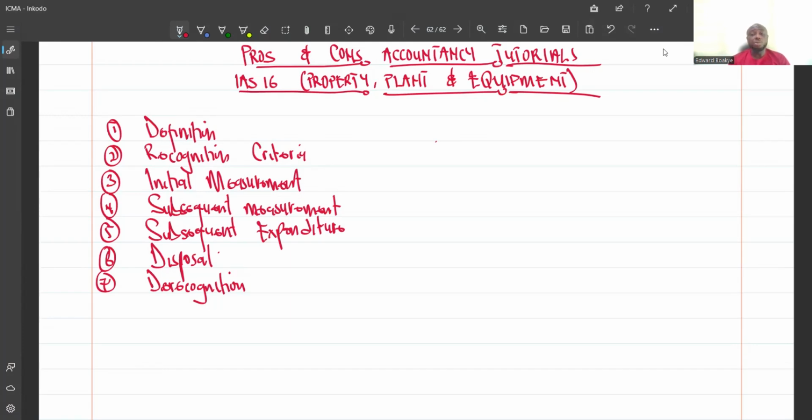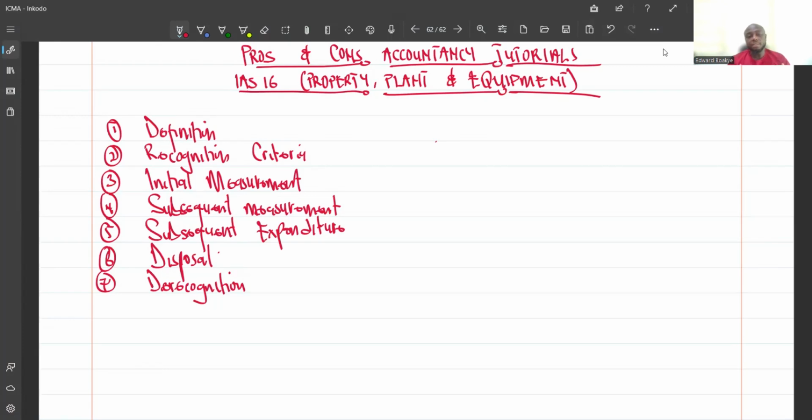One of these is to know the definition of the assets that you're working with, the recognition criteria, the initial measurement of the asset, the subsequent measurement, as well as the subsequent expenditure, the disposal criteria, and lastly, the derecognition.